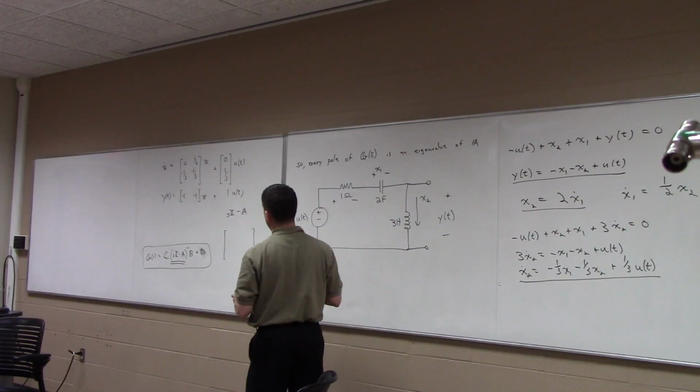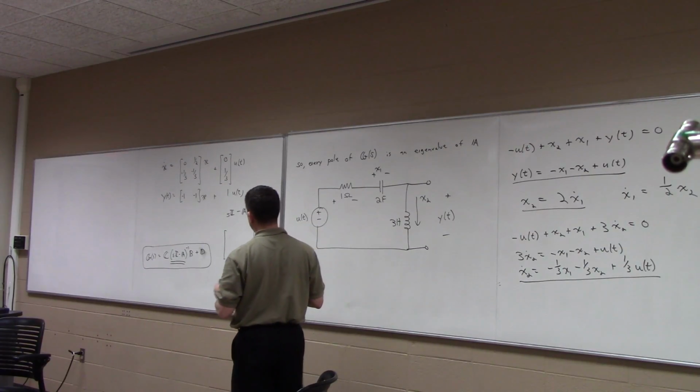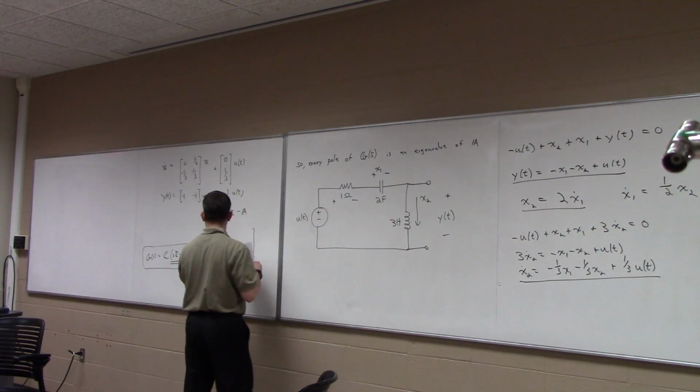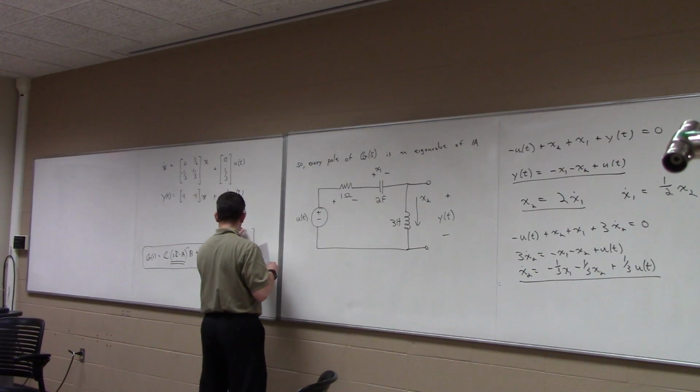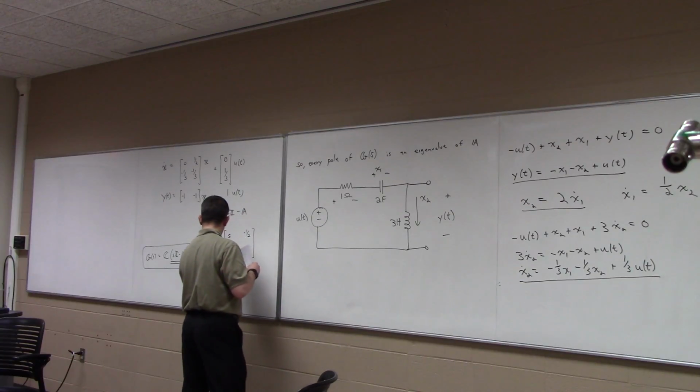sI minus A is how we find our eigenvalues, okay? sI minus A, and on the diagonal, I have to subtract my A's.